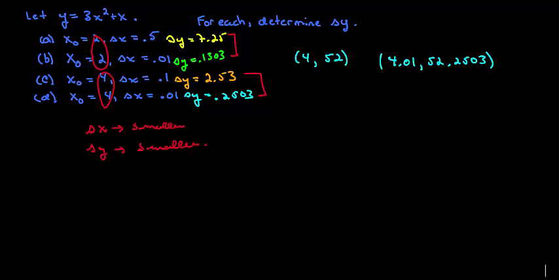Like for example, if you were taking a look at a person running down the road, if you looked at them at time equals 0, and then you looked again 3 seconds later, their change in distance would be a lot higher than if you looked at them at 0 seconds and then again at 1 second, right?